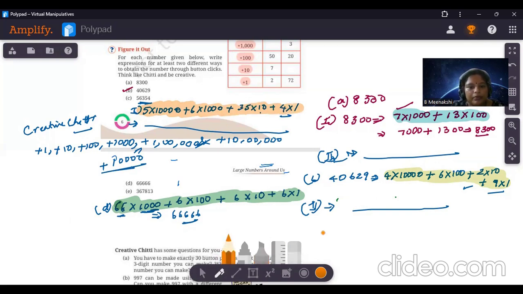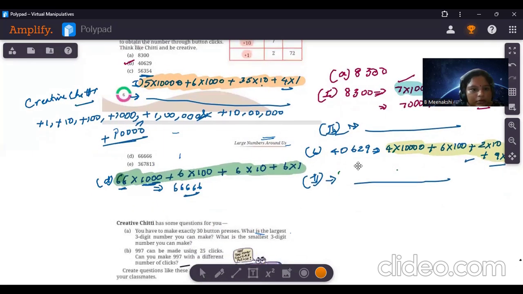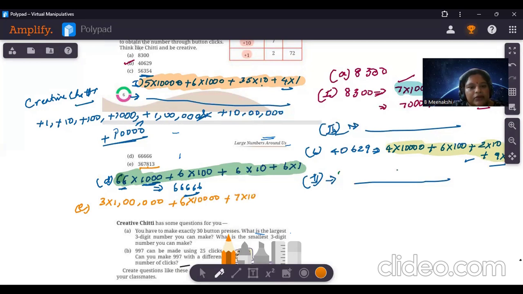Now for the E part, let us see 3,67,813. So 3 into 1 lakh, 1 lakh I'm pressing 3 times, plus 6 into 10,000 plus 7 into 1,000 plus 8 into 100 plus 13 into 1.